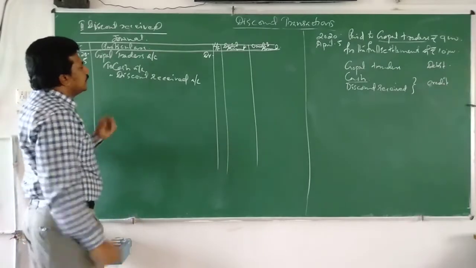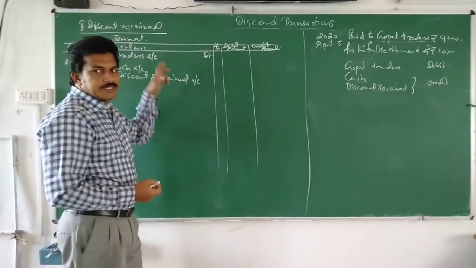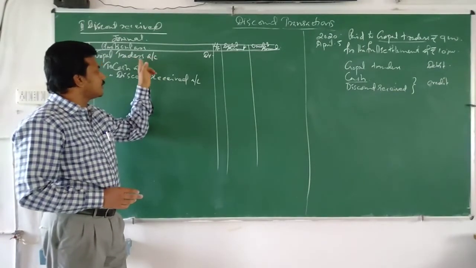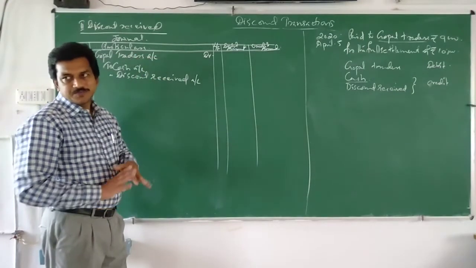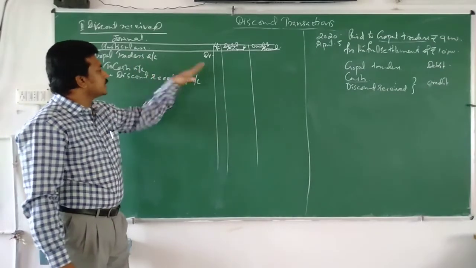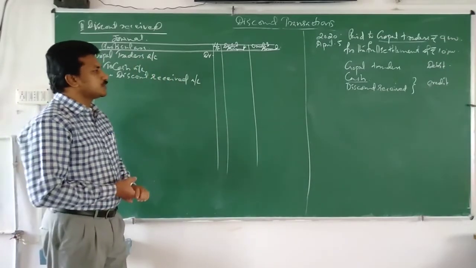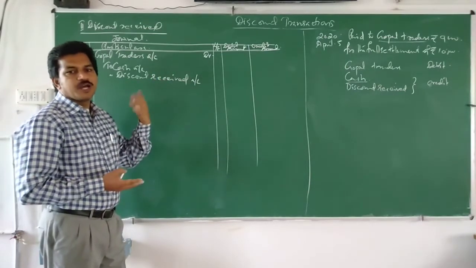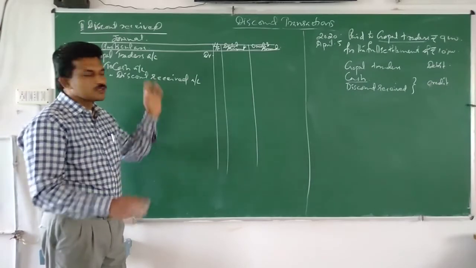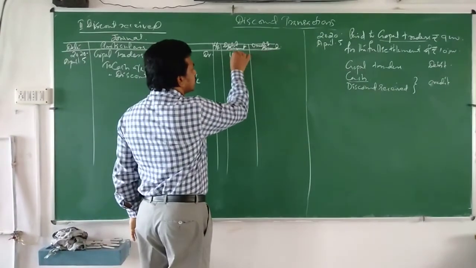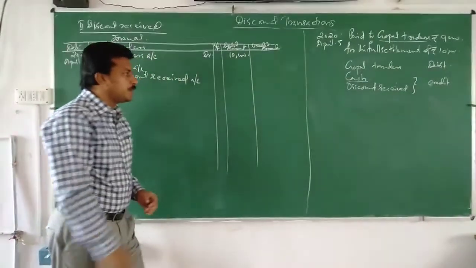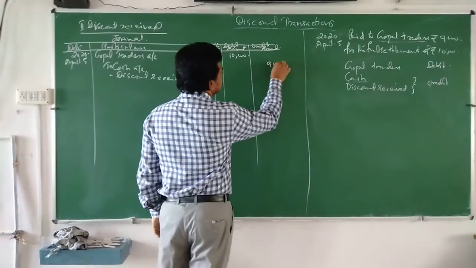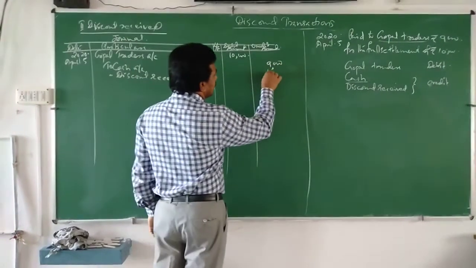Writing A/c is not compulsory here, because if you write an account name here, it means that it is an account. So Gopal Traders debtor to cash and to discount received. How much we had to pay to Gopal, full amount? 10,000 was the total amount to be paid to Gopal. That is settled by paying cash 9,000, and he allowed a discount.